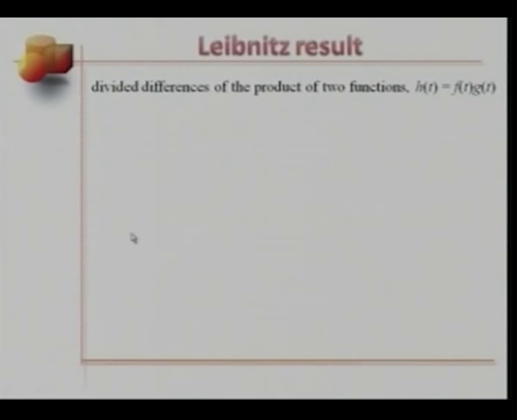How do we compute the divided differences of the product of two functions? Say h(t) equals f(t) times g(t).